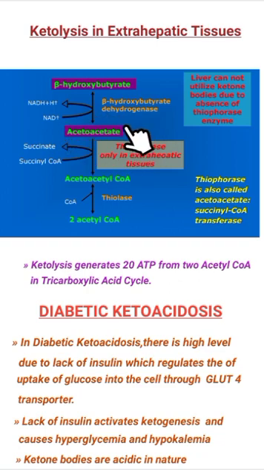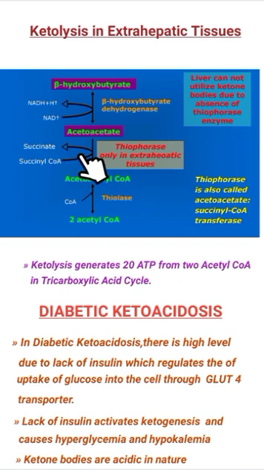we can convert it to acetoacetyl-CoA by a special enzyme which is only found in extrahepatic tissues. This enzyme is called thiophorase. So what does this enzyme do? It obtains the coenzyme A from succinyl-CoA and adds it to acetoacetate to form acetoacetyl-CoA.